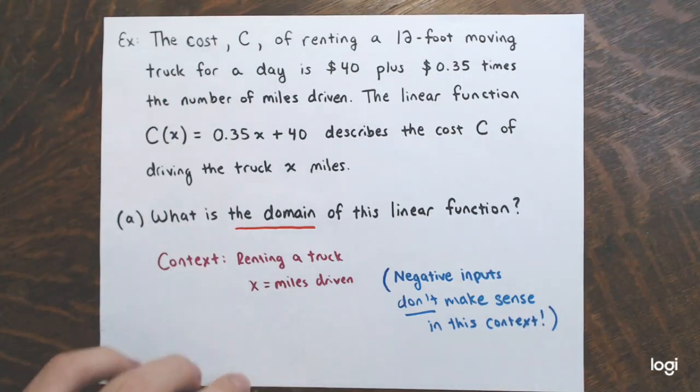But anything other than that would make some sense. I could replace x with 0, and that just means I didn't drive the truck. I rented it but didn't drive it. I drove it 0 miles.